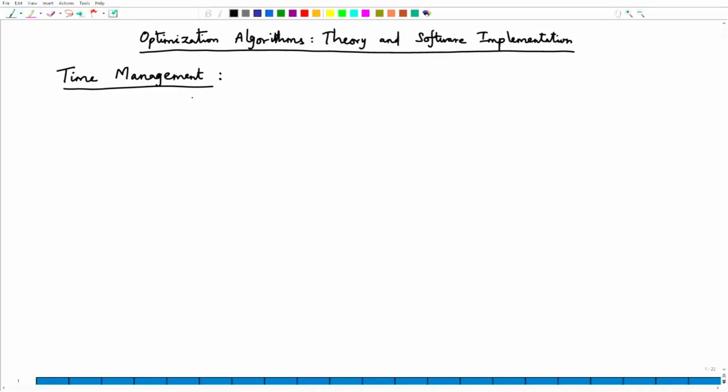So, let me model this as an optimization problem. As an example, let me say that T1 is the time in hours, all of this is in hours, spent for office work. T2 is the time spent on meetings.